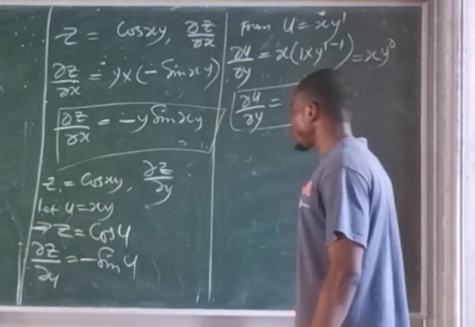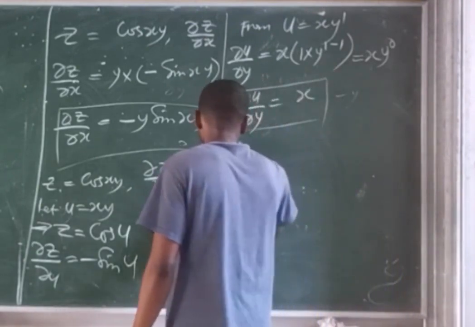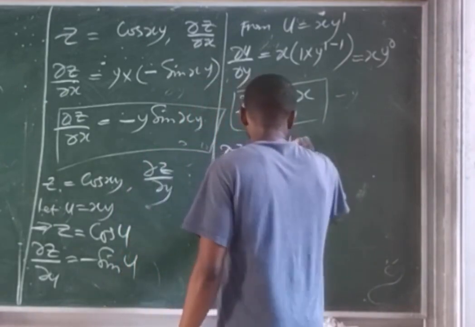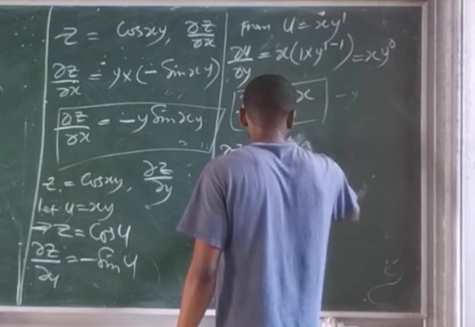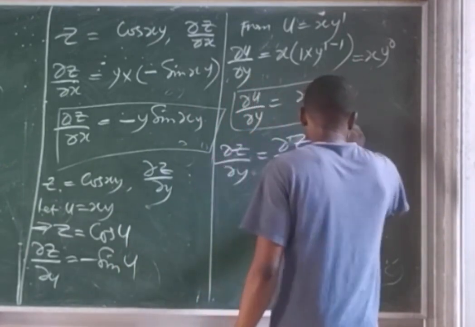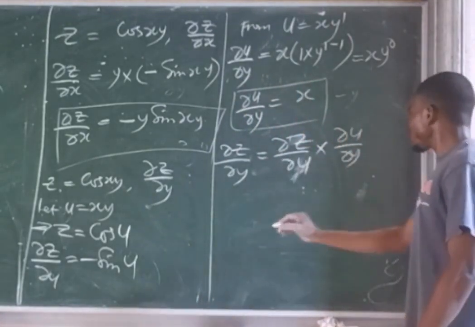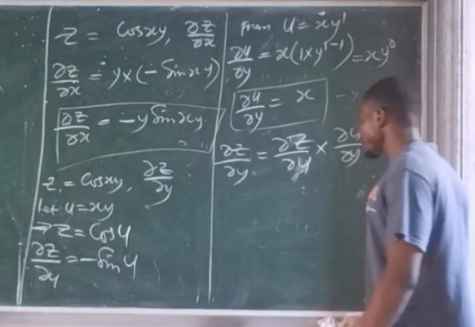But the question says you should find partial z, partial y. So from chain rule, partial z, partial y is partial z, partial u times partial u, partial y. Notice that partial u cancels and we are left with partial z, partial y, which is the question.